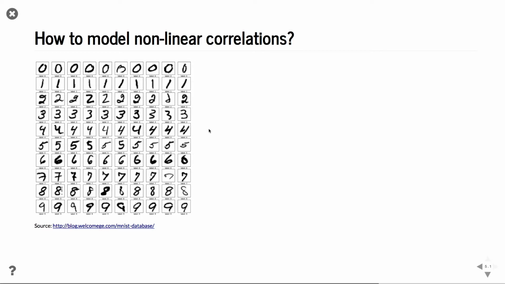The aim here is to find a model that is capable of taking these pictures, 28 by 28 pixels, and to come up with a related label or number that is actually shown in the image. So for example, if you give in this picture here, your model should give an output of 0 or 1 here, 2 here, 3 here, and so on.